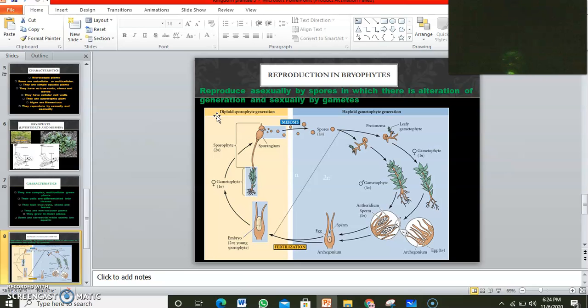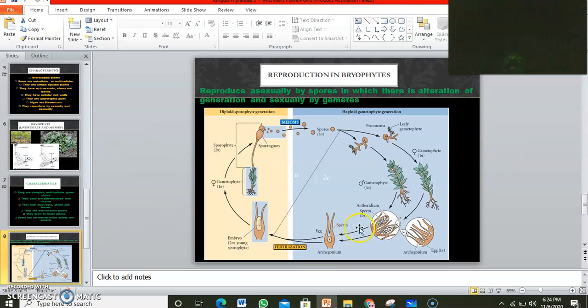Now, this is an example of a moss plant that has different generations. It's called alternation of generation. In one generation, they reproduce sexually, and in another generation they reproduce asexually. Now look at this. Let's start the process of reproduction here.